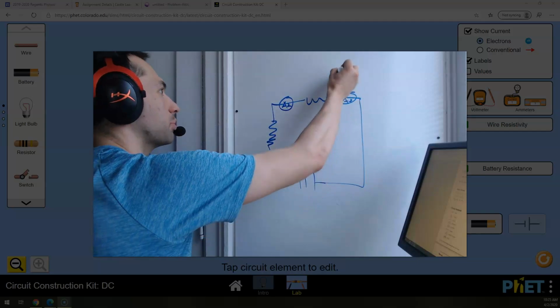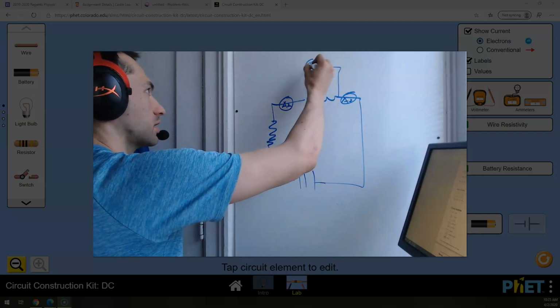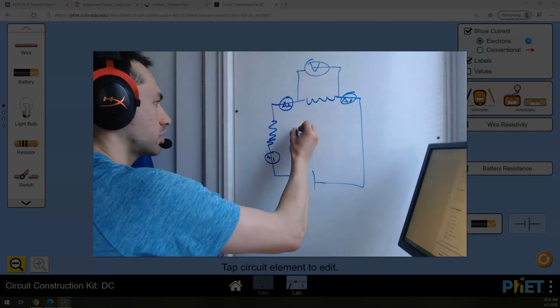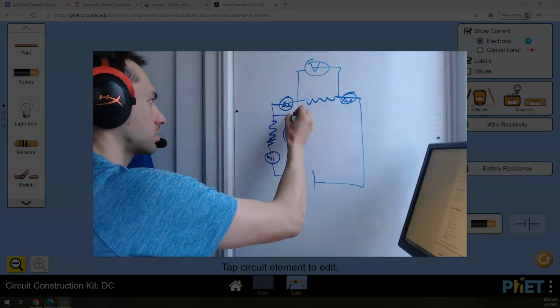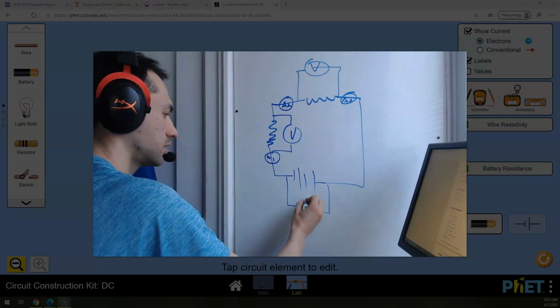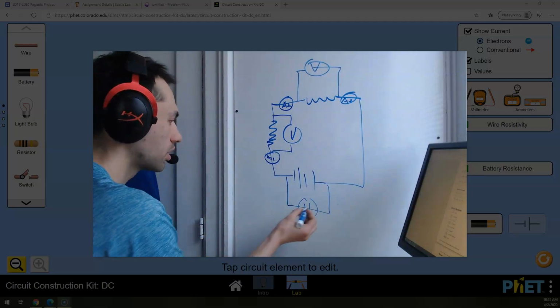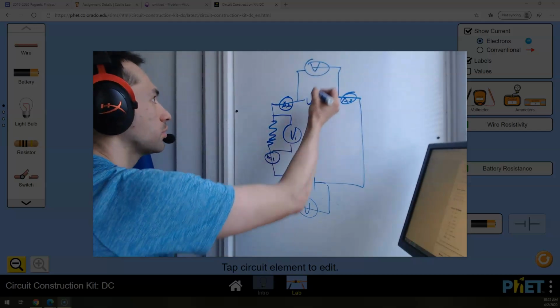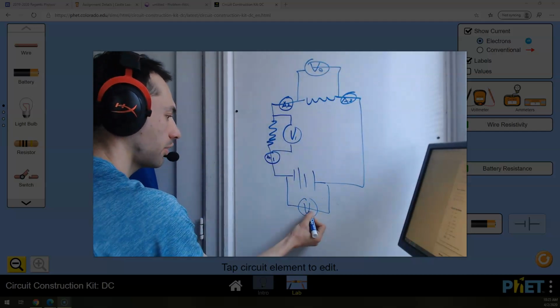And then maybe they'll put voltmeters on everything. They're going to measure the voltage across all of this stuff. And we'll call this voltmeter 1, voltmeter 2, voltmeter 3.